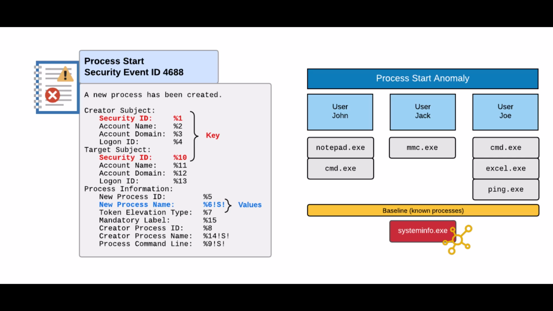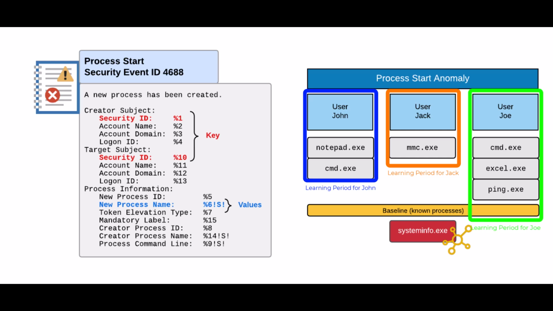But by checking that box, by activating separate learning periods for each key, in this case, each user will have their own learning period. So that means once user Jack logs in and starts the first process, that's when his learning period will start. And that makes a lot more sense and avoids a lot of false positives. So for anything that has unique keys that are tied to something like the user, for example, a separate learning period for each key makes a lot of sense.